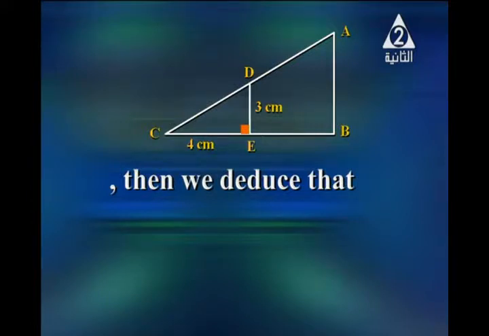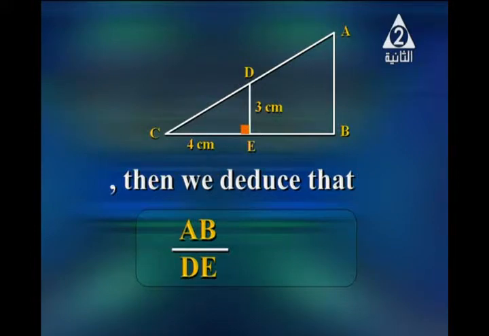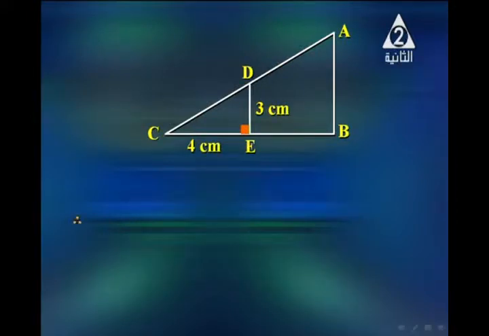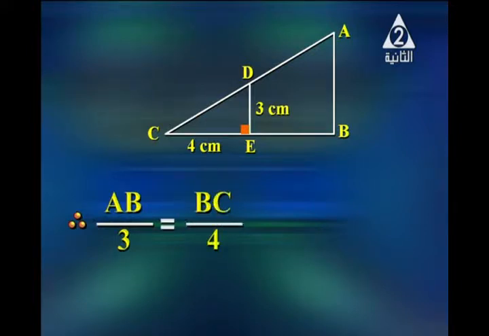Then we deduce that AB over DE, from similarity, equals BC over EC. Therefore, AB over 3 centimeters equals BC over 4 centimeters.